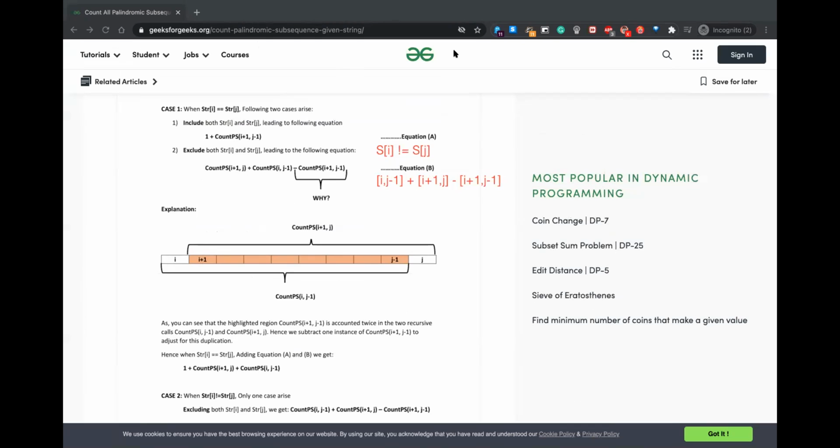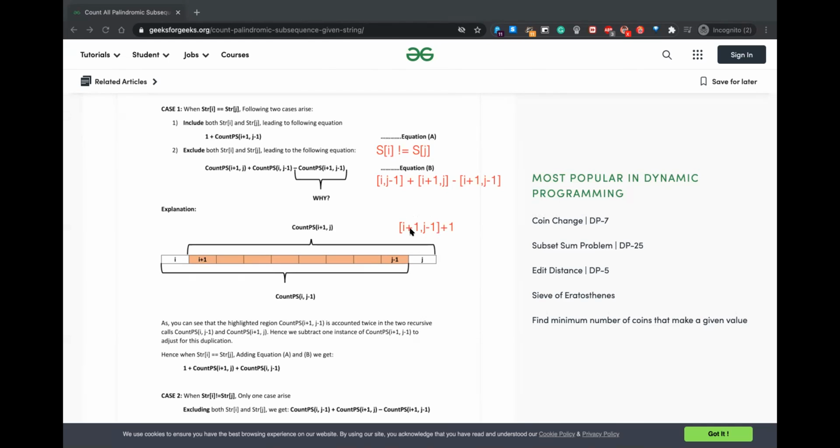Now what happens if these two are equal is that the two characters that are equal will be making new subsequences. So the two new characters will be able to create new subsequences.